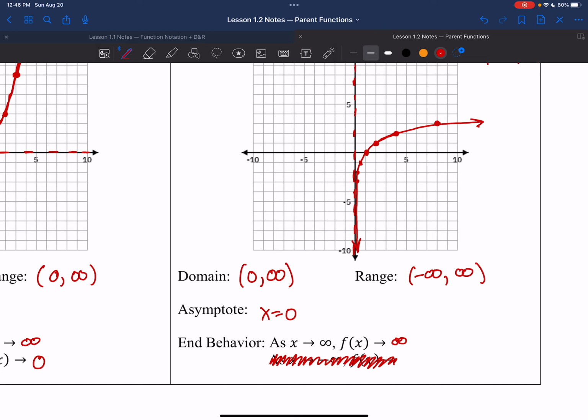But where is it going on the left? It's not going to negative infinity. There's nothing out here. It's going to 0, right? It's approaching 0 right here. So as x approaches 0, f of x goes down and down and down forever towards negative infinity, like so. Okay?